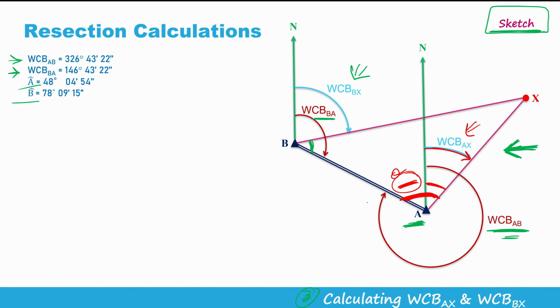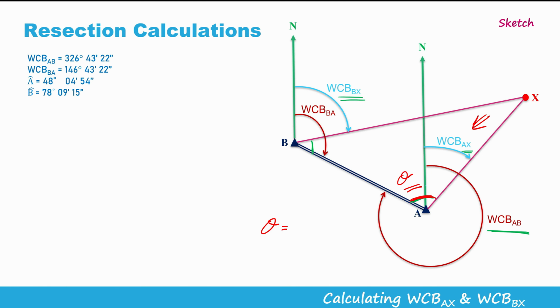But what is the value of theta? If you look here, this is theta, and this angle is, as you know, the whole circle bearing of AB, this one. So theta would be, in this case, 360 full circle minus the whole circle bearing of AB.